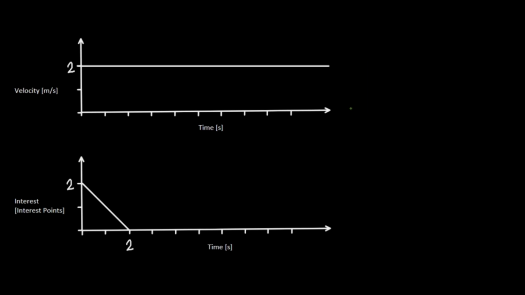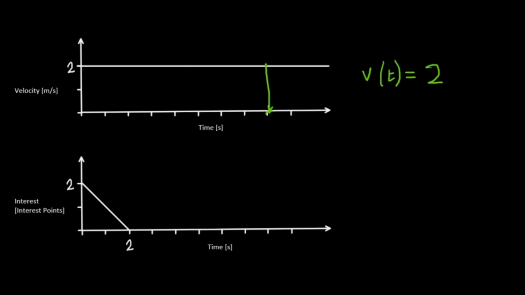Let's write a function to describe the car's velocity for the time that we could see it on the screen. Well, the function's going to be simple. V equals 2, because for any given time input, we get a velocity output of 2.